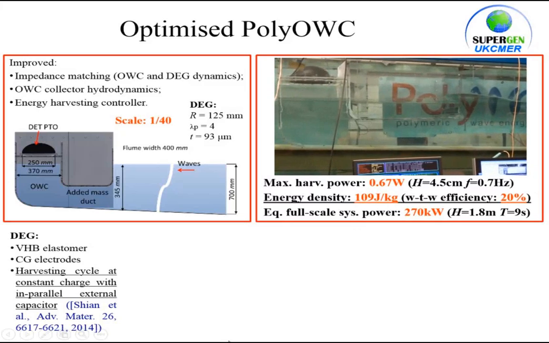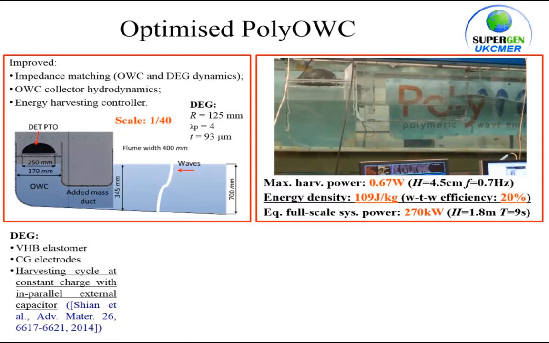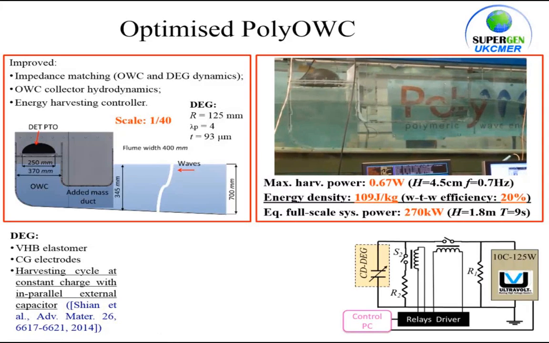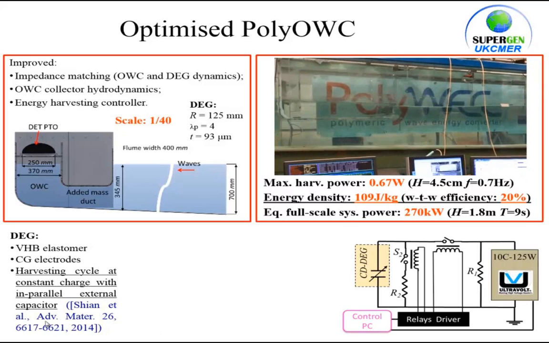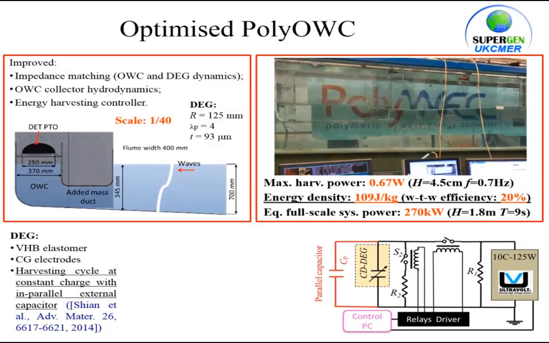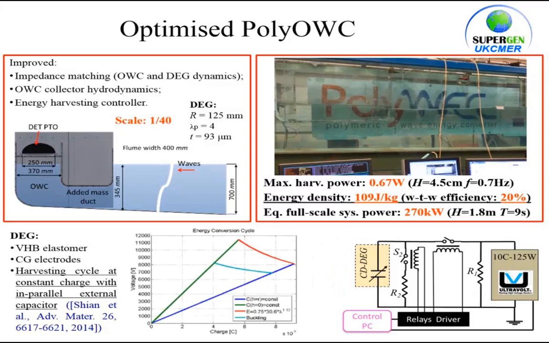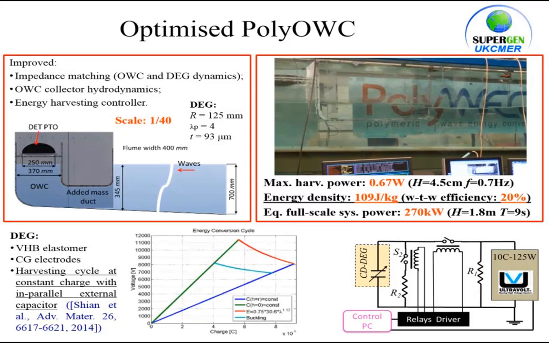Now, another thing we've done with this is that the energy harvester controller has been improved. So that's our original network here. But what we actually do is we add in a parallel capacitor, and that allows us to get more power out. This graph here is a charge-voltage graph.